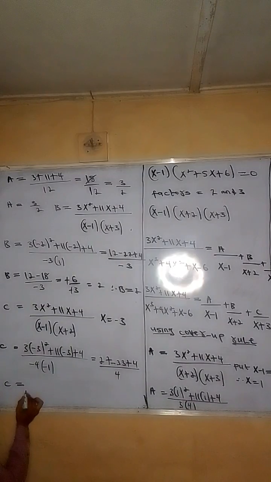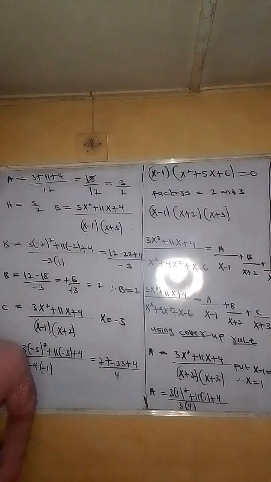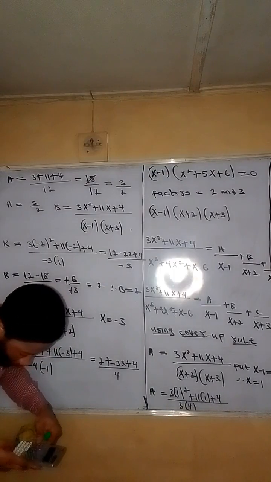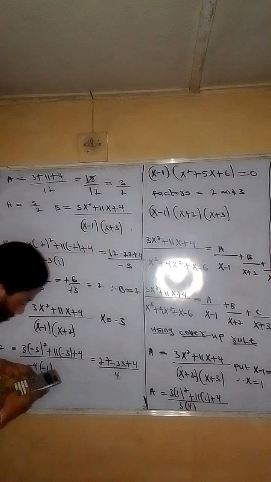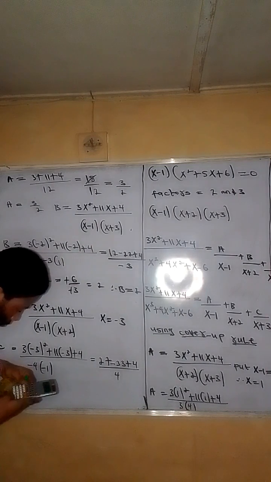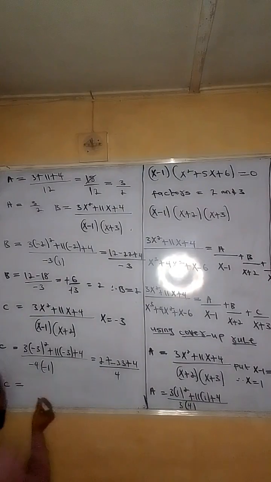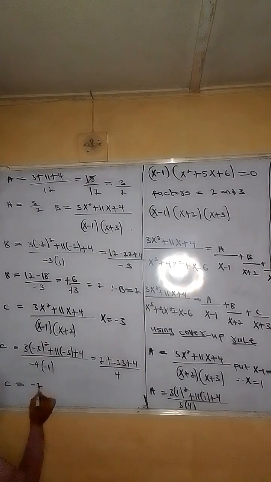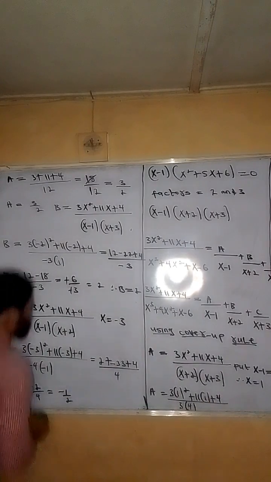So C will give me 27 minus 33 plus 4, which is minus 2. This will give me minus 2 over 4. So at the end of the day, I'm going to have minus 1 all over 2.